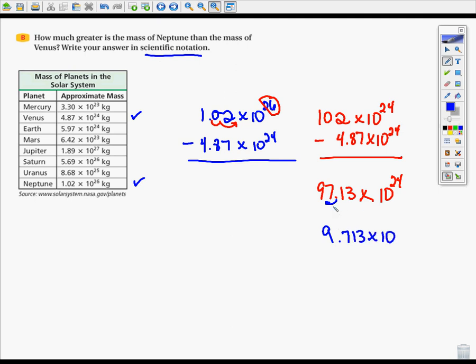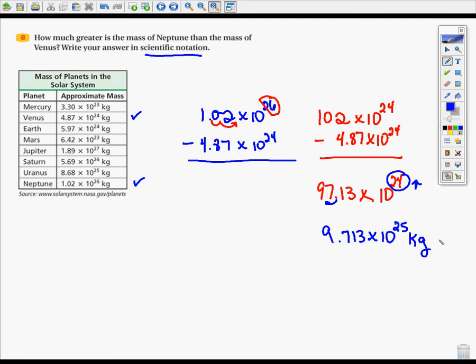I made this number smaller by a power of 10, so this number needs to bump up. So it's 10 to the 25th. And this is in kilograms. So in this case, Neptune is 9.713 times 10 to the 25th kilograms larger than Venus.